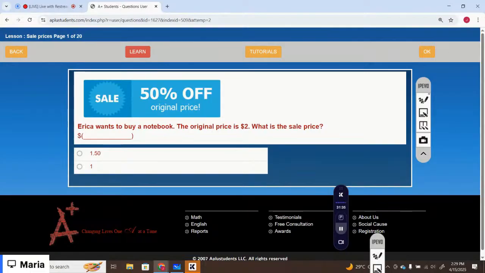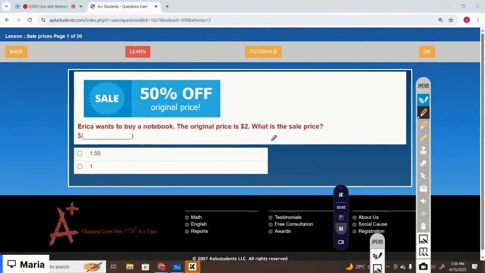The original price is $2. What is the sale price? You need to calculate the 50% of the original price, right? Let's just calculate the discounted price first and then we will calculate the sale price.